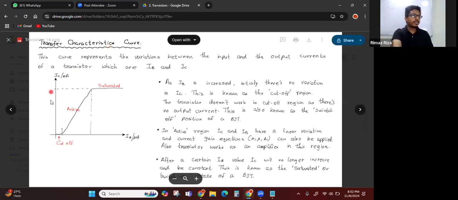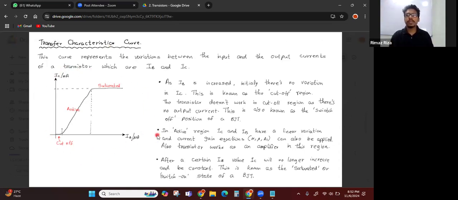Okay, so please draw this curve, draw this graph. After that, I will explain to you. Once you're done with the drawing, raise your hand, or you can drop a message saying done.